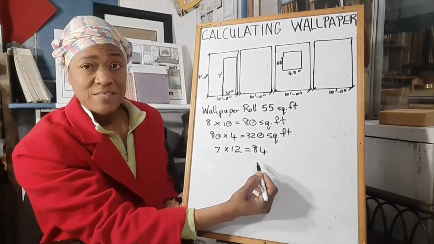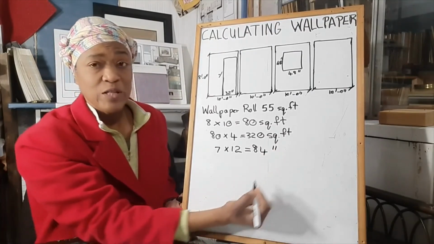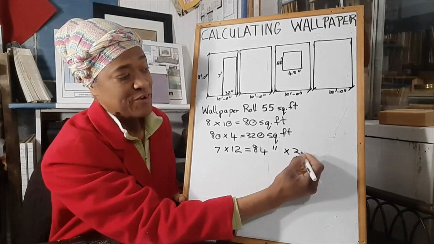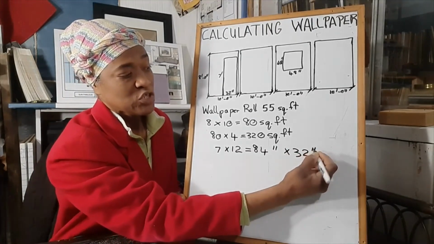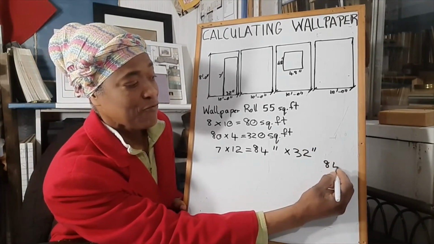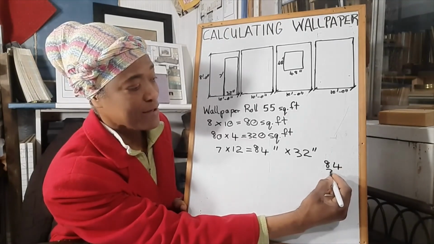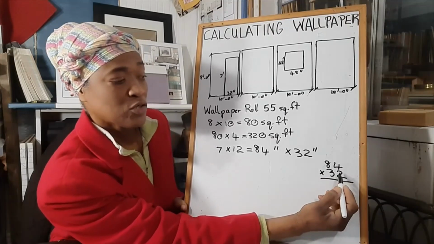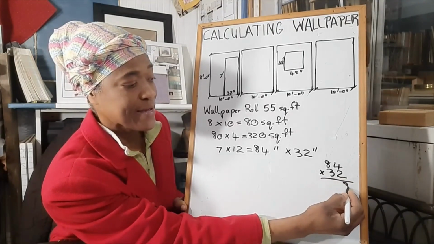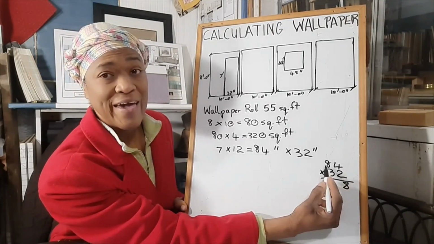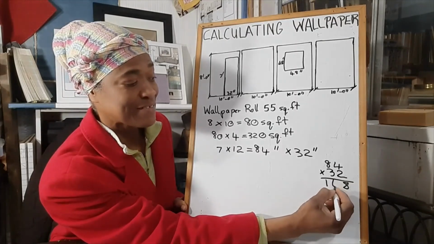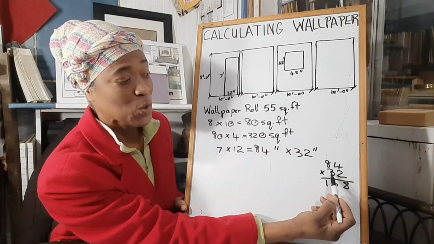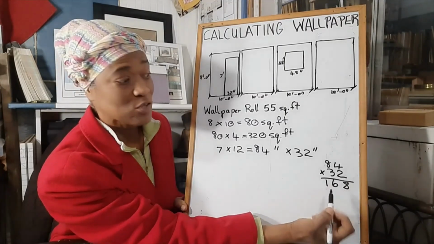Now we have this 84 inches. We'll go ahead and multiply this by 32 inches. So that's 84 multiplied by 32. 2 4s are 8. 2 8s are 16. Now we're over to the tens, so we'll do 3 4s are 12.